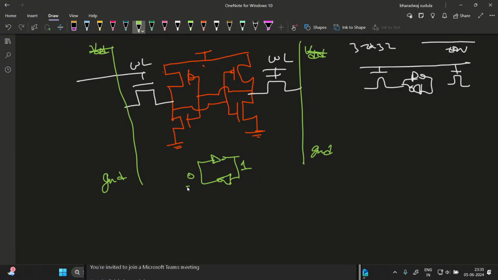This side is 0, this bit line is 0, and this word line is turned on, and this as well. There won't be any current flow on this side, because there is no potential difference. But here you have 1 and you have ground here, so electrons would be flowing this way. So there is a current here.